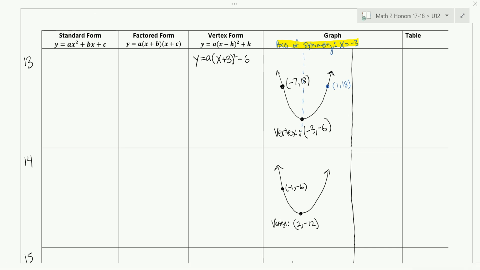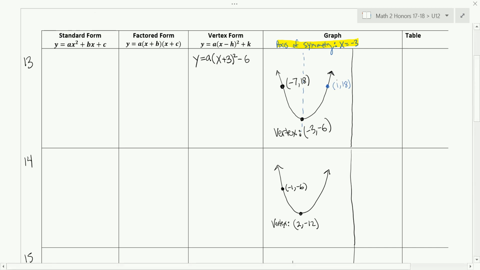And to find A, we just need another point. And we got 2 other points. The vertex only helps us with H and K. I could use 1, 18, or I could use -7, 18, or some other point if I knew another one. You guys want to use 1, 18? Okay, no, avoid the negatives. That's fine.